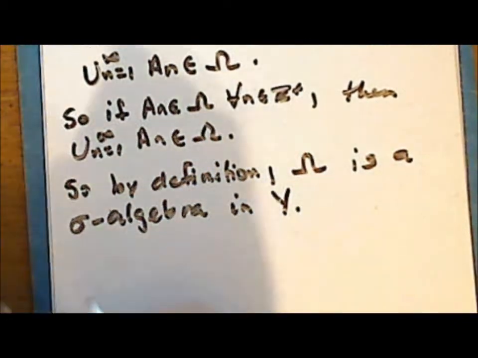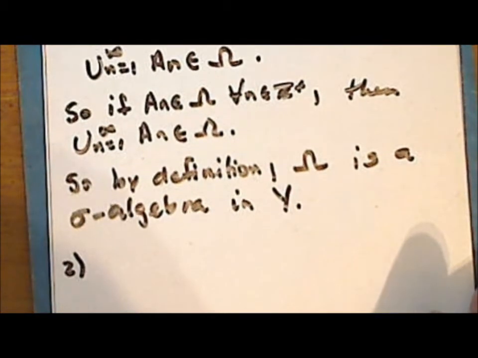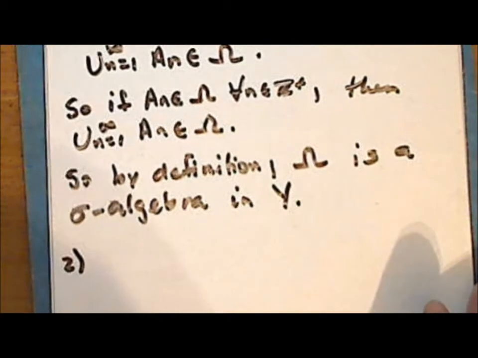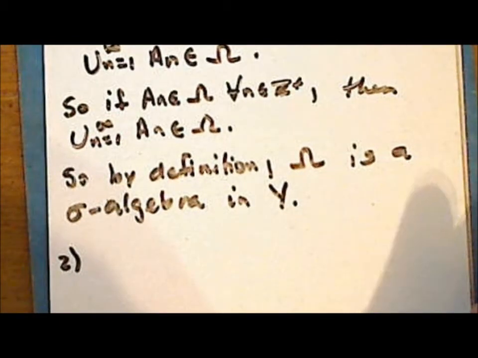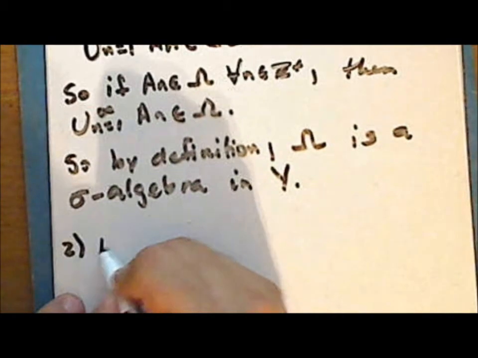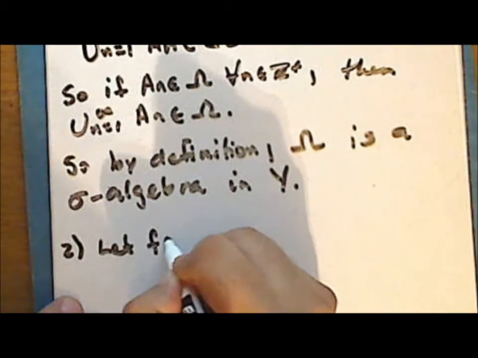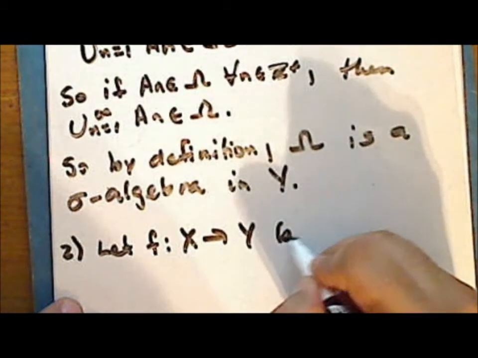Second statement of the theorem is that if we have a Borel set in the set Y, then its inverse image is automatically in the sigma algebra in the space X if the function f is measurable. So let the function f from the space X into the space Y be measurable.